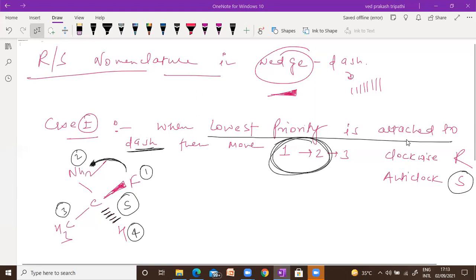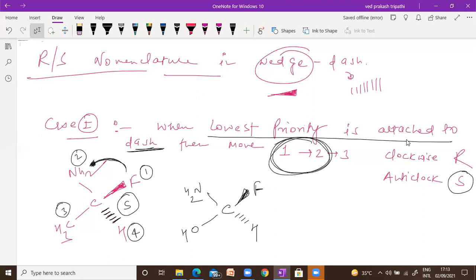Okay, we can take one more example. This one, you can see fluorine is 1, oxygen is 2, nitrogen is 3, hydrogen is 4.